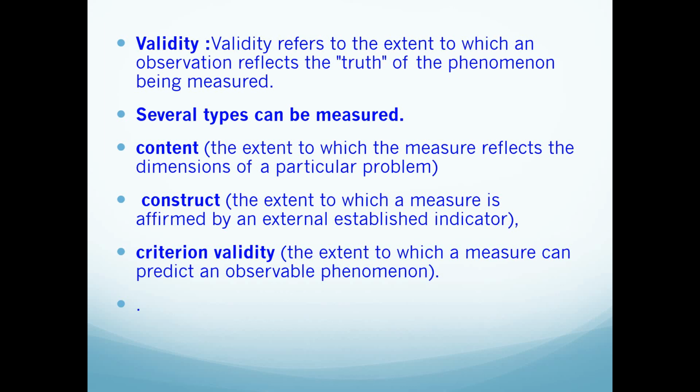Criterion validity is the extent to which the measure can predict observational phenomena. When we are talking about validity and reliability, most probably we are talking about a test. This test is valid and reliable. High validity and high reliability give the test a good outcome.